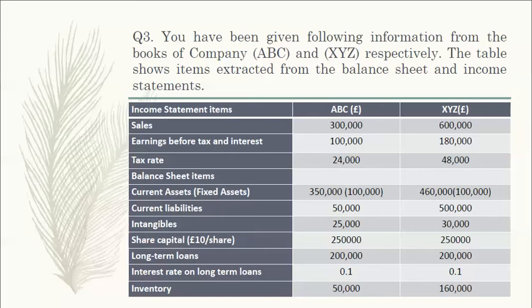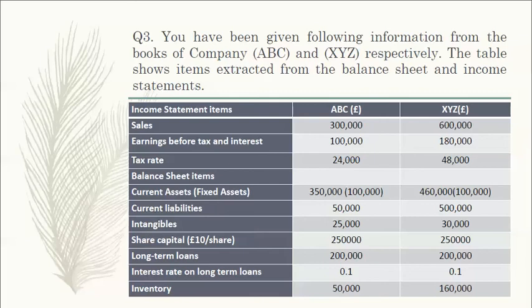Second, balance sheet items. First, we get current assets and fixed assets. Current assets equal 350,000 for company ABC and fixed assets 100,000, and for company XYZ the current assets equal 460,000 and fixed assets 100,000 too.